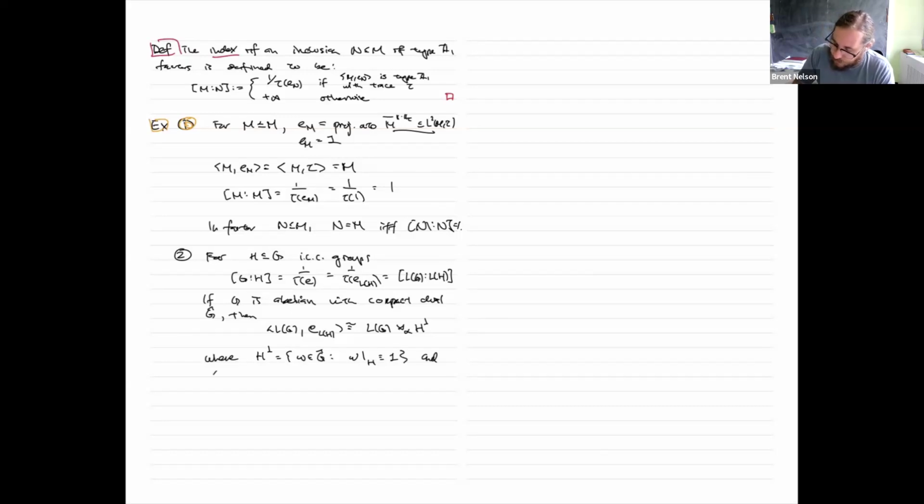And this action of G hat on L(G) is given by this. So it just returns lambda of g to itself, but scaled by some modulus 1 element.